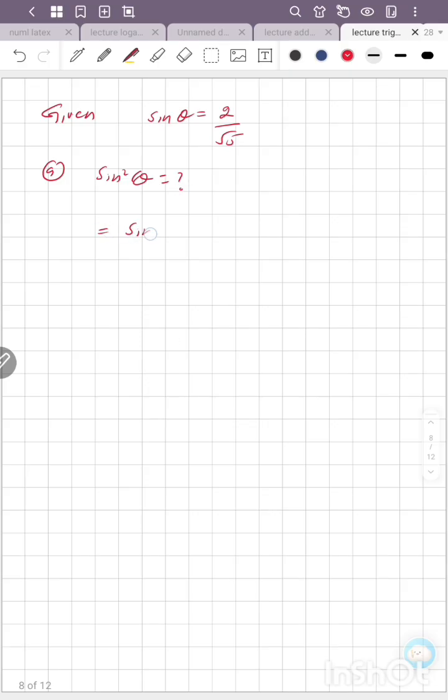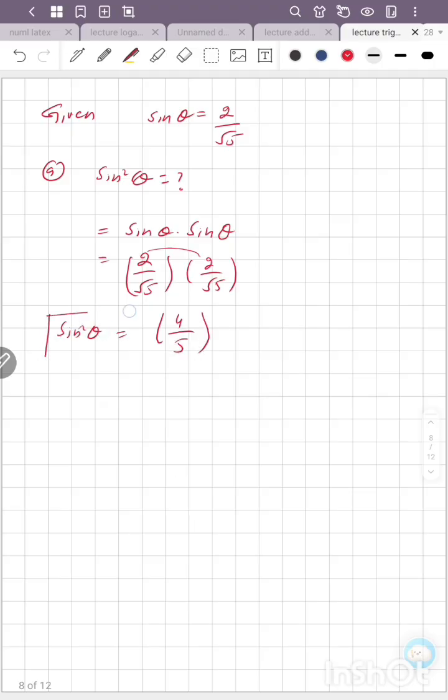Here we know that sine theta and sine theta, these two multiplied give sine square. 2 by square root 5 and 2 by square root 5. 2 and 2 multiplied with each other, the answer will be 4. Square root 5, square root 5, the answer will be only 5. Okay, we got the answer for sine square theta.